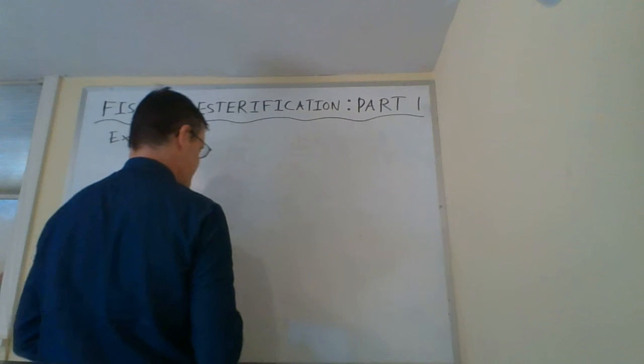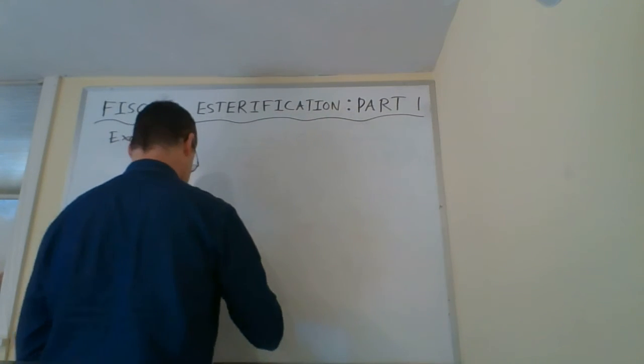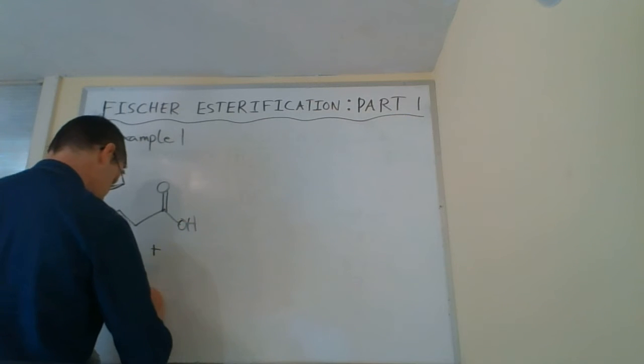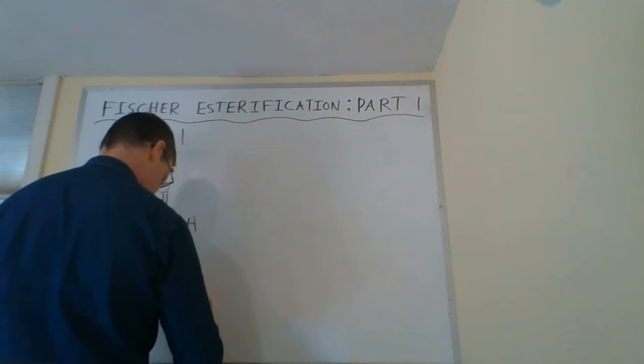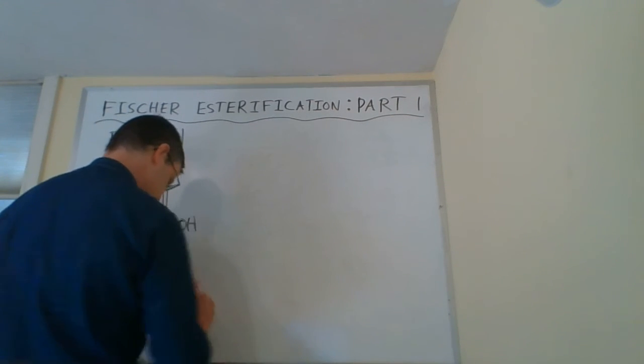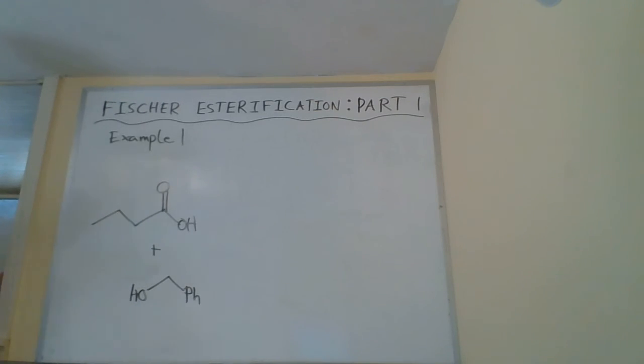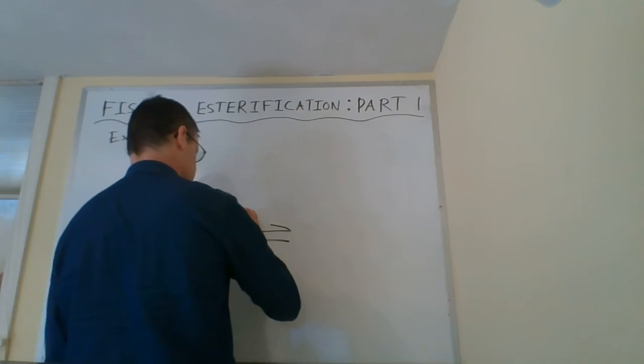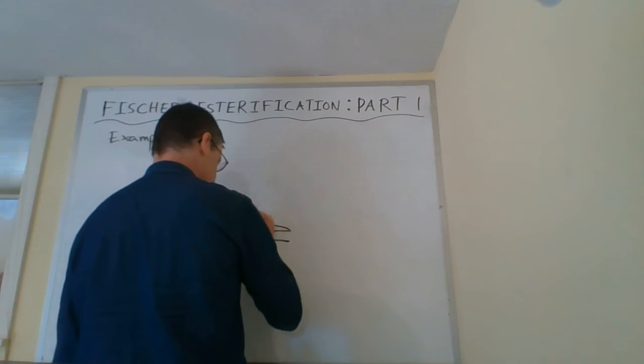I'm going to react that with an alcohol. I've got to watch my board management here and not run out of space. I'll use benzyl alcohol, that's a Ph, lowercase h. And I'm going to use sulfuric acid as my catalyst here.